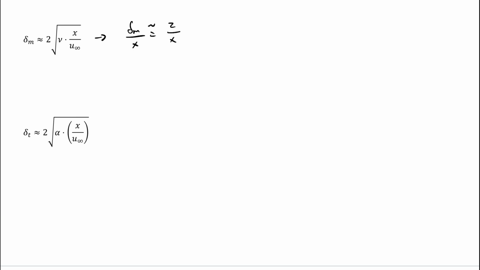Delta m over x is about equal to 2 over x times the square root of nu times x over u infinity. Then delta m over x is approximately, we're going to bring the x on the right-hand side inside the square root. So we end up with 2 square root of nu over x times u infinity. We're bringing x inside, so the x goes to the denominator.